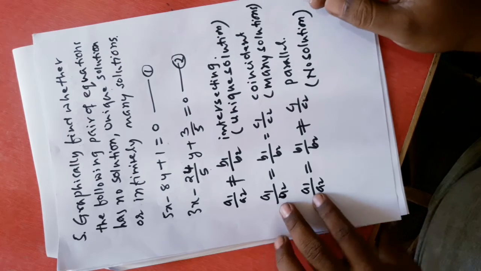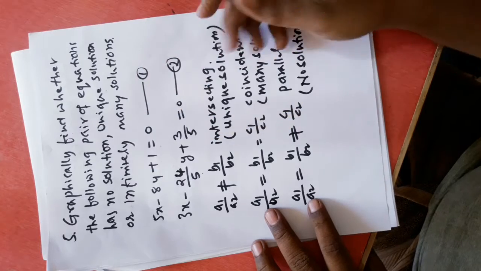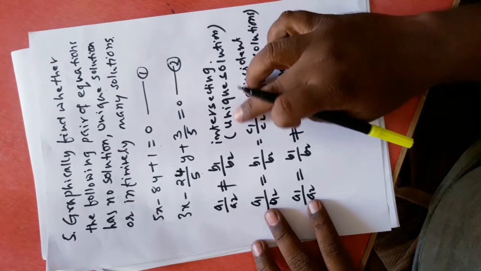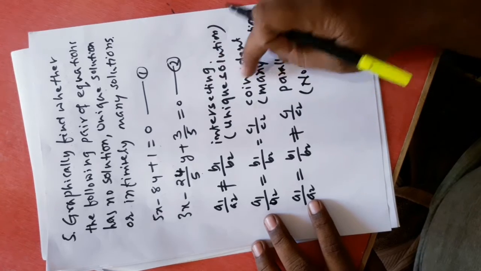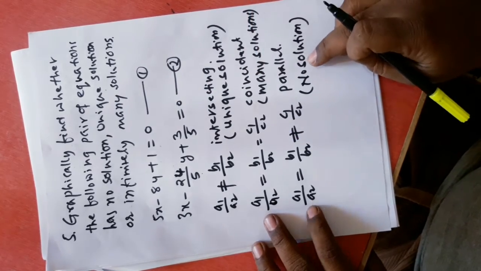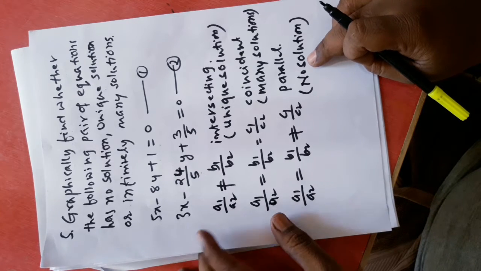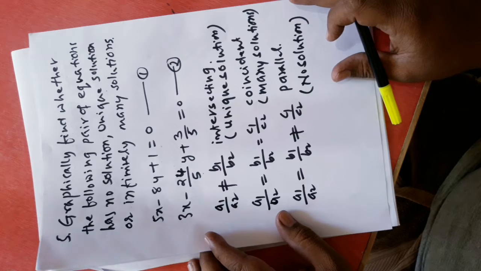If a pair of equations has one unique solution or infinitely many solutions, we say that the pair of equations is consistent, and a pair of equations which has no solution is said to be inconsistent.